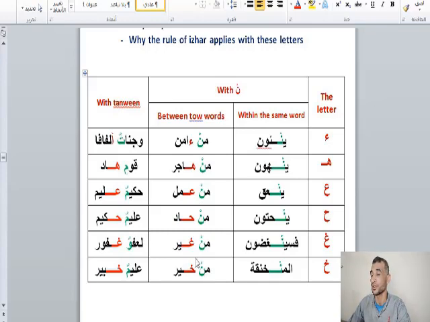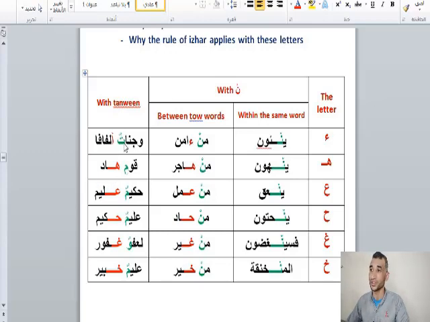You can see this: the consonant noon is at the end of the first word, and the letters of clearing are at the beginning of the next word. Okay, and in the last column here you can see the example of the tanween, which only comes in two words, or between two words.